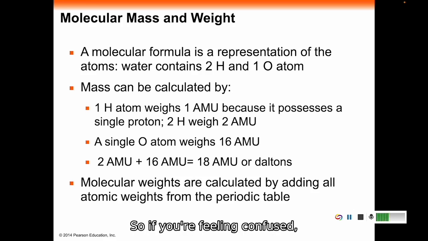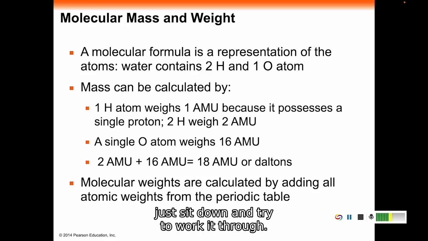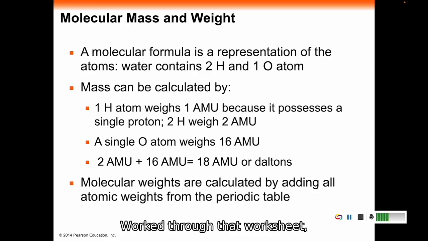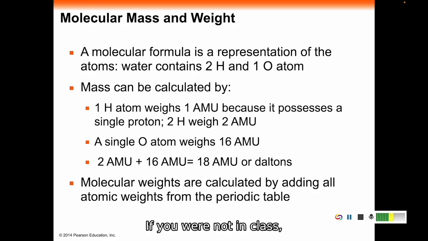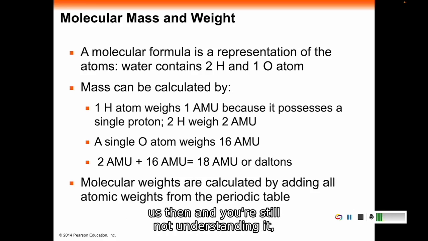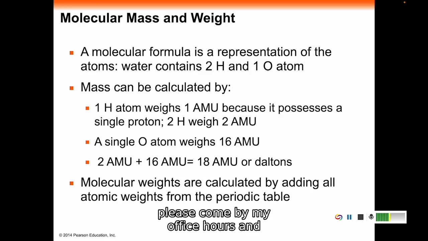So, if you're feeling confused, just sit down and try to work it through. Work through how we figured out this water. Work through that worksheet, see if you can start putting it together. If you were not in class, you didn't get to do the worksheet with us, and you're still not understanding it, please come by my office hours and let's work through some stuff together.